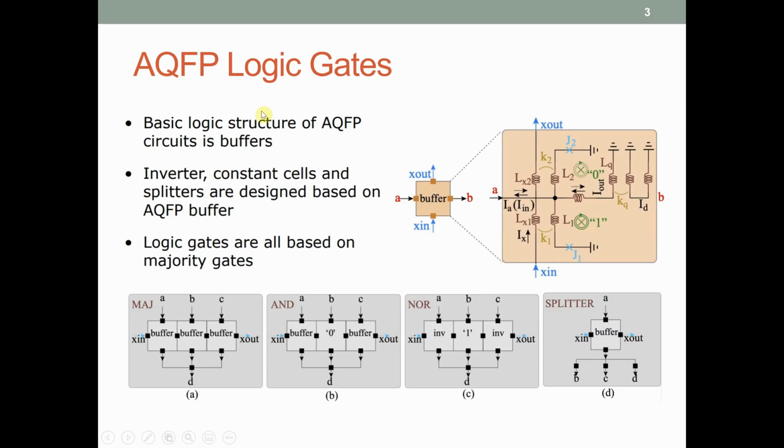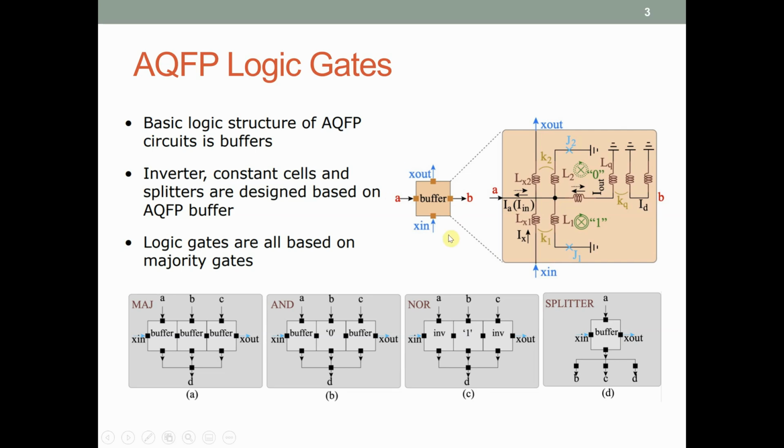So here are the basics of the AQFP logic cells. The most basic logic of the AQFP circuit, the superconducting circuit, is actually a buffer. This is the structure of an AQFP buffer, and this buffer, with the details shown here, uses two Josephson junctions.